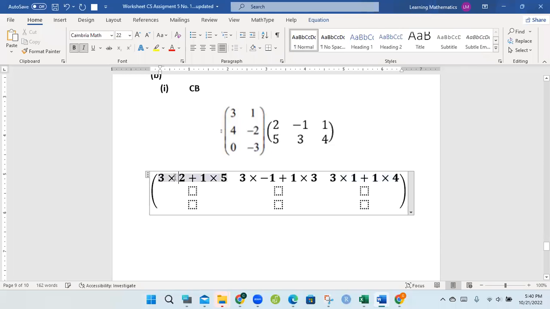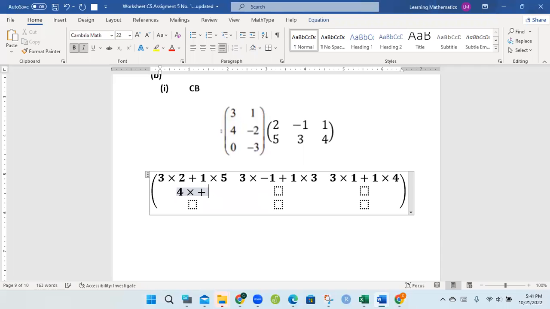Now, I'm going to use the second row, which is the 4 and the -2. So just to speed up things, I'm going to put the 4 times a number plus the -2 times the number.